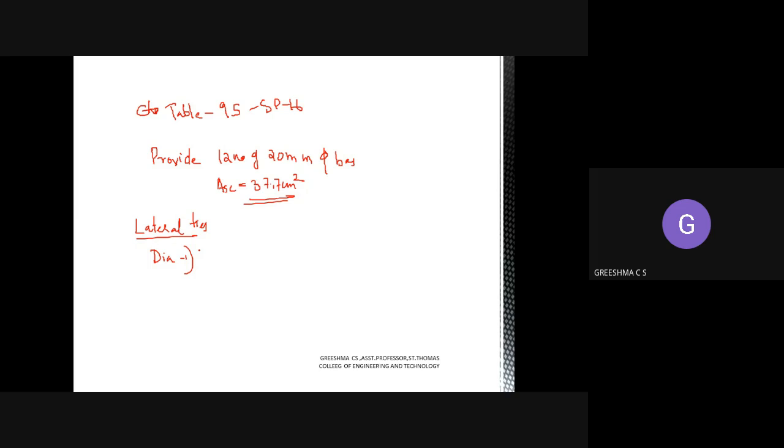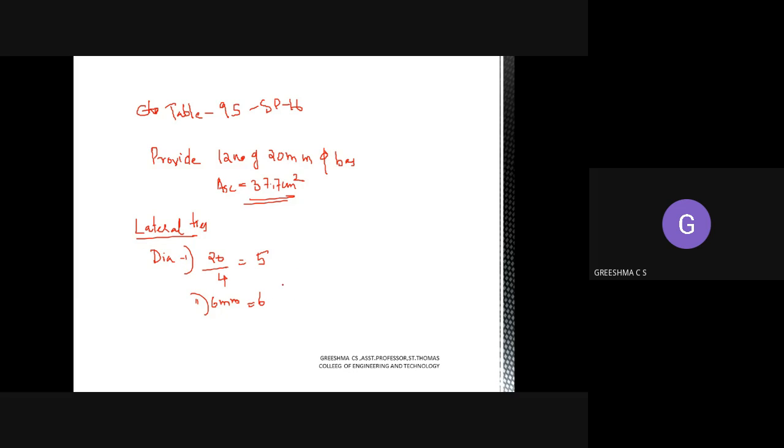It should not be less than 1 by 4th of the diameter of the bars, or 6 mm, whichever is less. So diameter of the bar is how much? 20, right? So 20 by 4 or 6 mm. So this will be 5 and this will be 6.